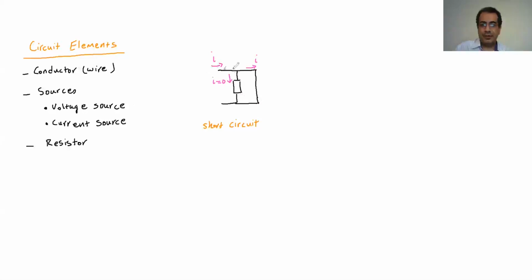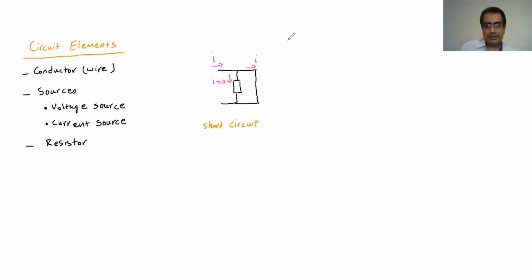Everything goes through that wire, so it's like this element is not there. It doesn't do anything in our system under this condition. This is one of the ways that we know that, because the ideal wire doesn't have any voltage in it. So this is the short circuit.